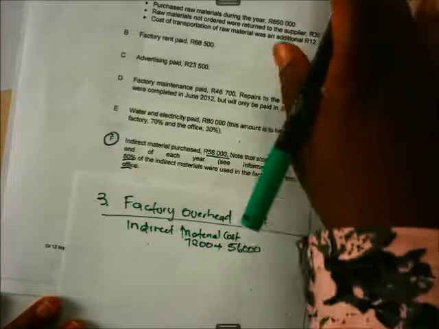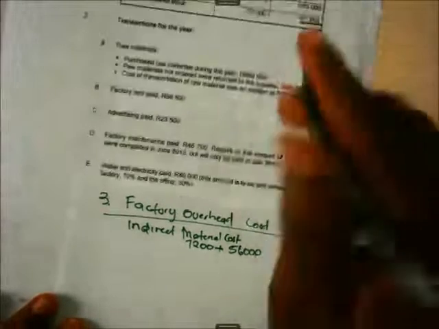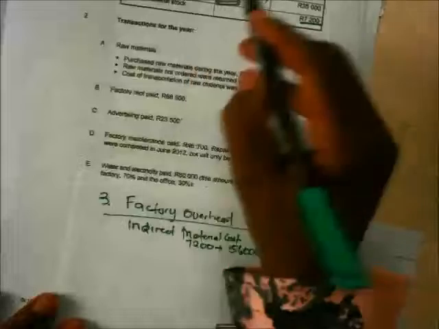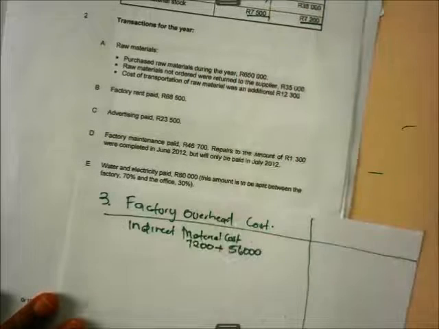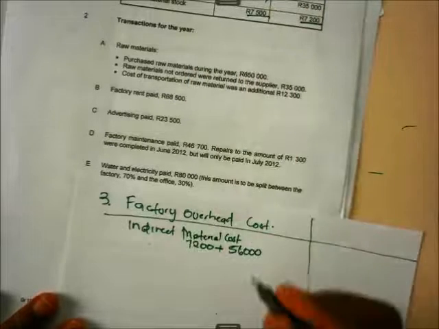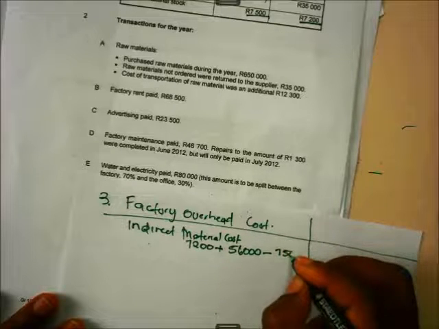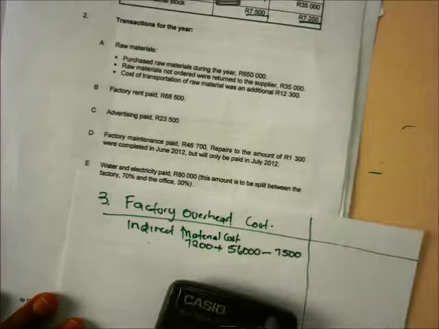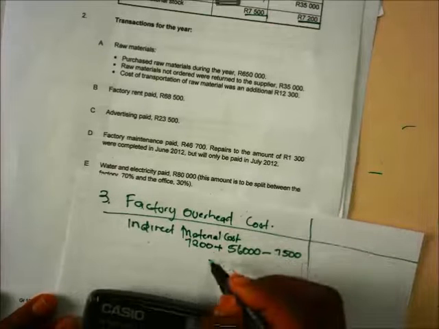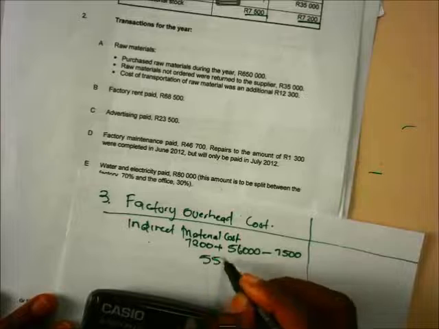Now we are looking for the closing stock. The closing stock is 7,500, so we subtract 7,500. Let's add and subtract: 7,200 as opening stock plus the purchases of 56,000 minus the closing stock of 7,500 gives the total consumed in the business.